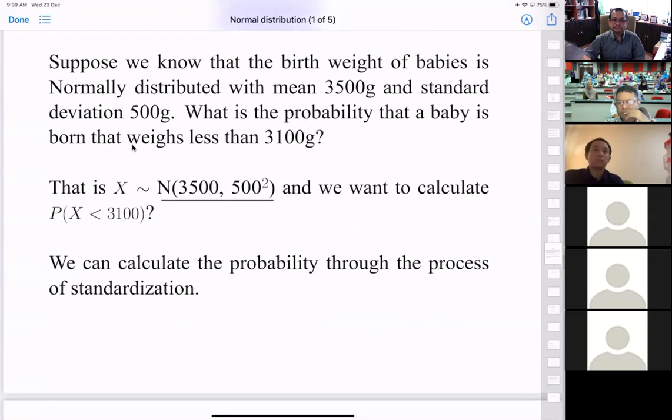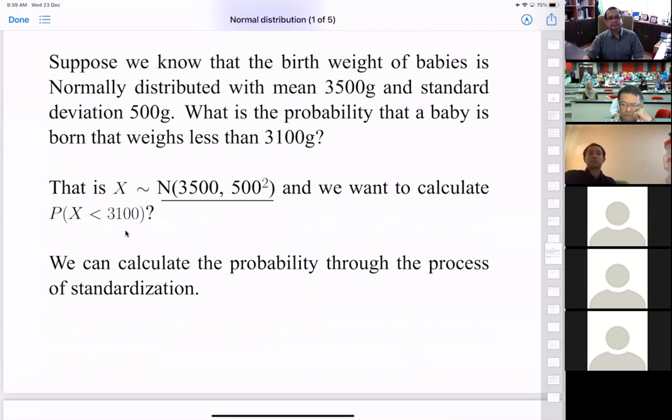This is another example. Suppose we know that the birth weight of babies is normally distributed with mean 3,500 gram, standard deviation 500 gram. What is the probability that a baby is born less than 3,100? So this is the mean, and the standard deviation squared, 500 squared, is the variance.